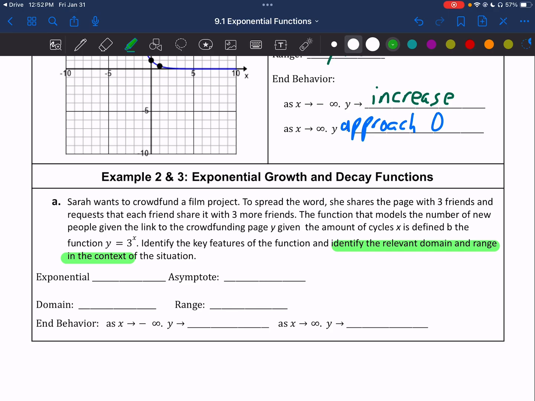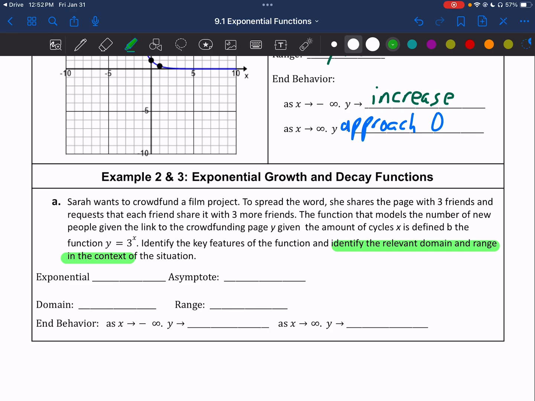The function that models the number of new people given the link to the crowdfunding page, y, given the amount of cycles, x, is defined by the function y equals 3 to the x power. Identify the key features of the function and identify the domain and the range in the context of this situation.